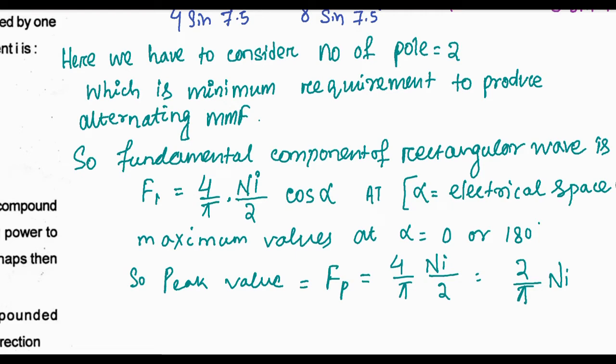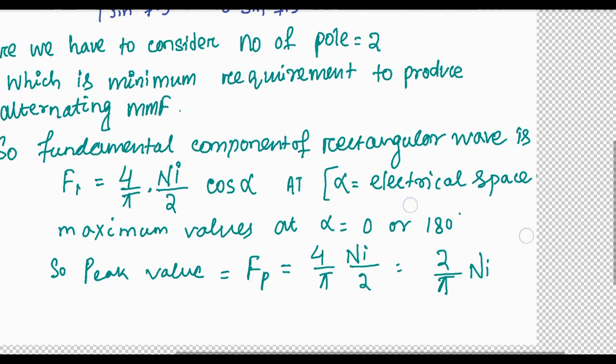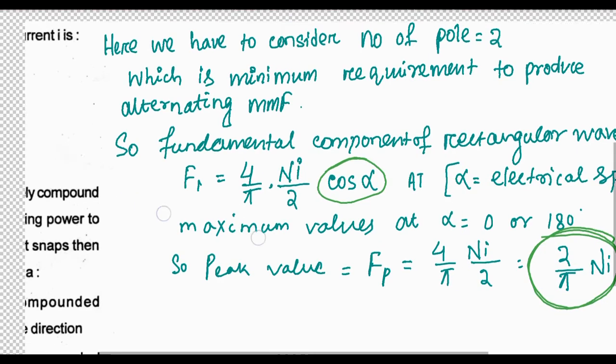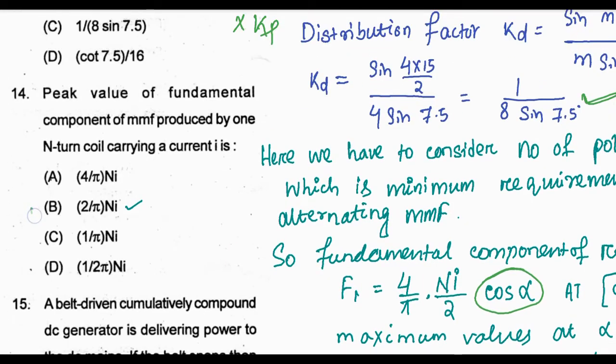And here alpha is the electrical space angle. And what is the maximum value? The maximum value will occur at 0 or 180 degrees, as this one is cos alpha. So at 0, the peak value will be 4 by pi into Ni by 2. So this will be 2 by pi into Ni. So the answer will be 2 by pi into Ni.